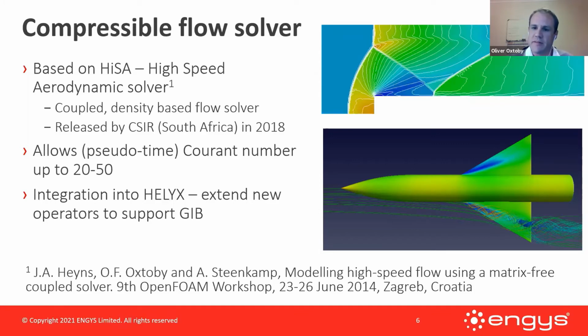So basically the process of extending this code to support the GIBs was really fairly simple. There were just a few of the new operators which had to be extended. Basically, the process involves disabling those internal mesh faces, which are replaced by the boundary faces.